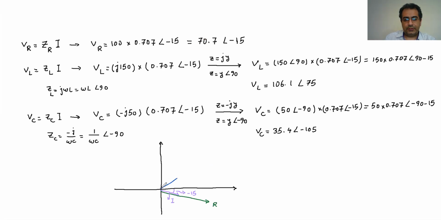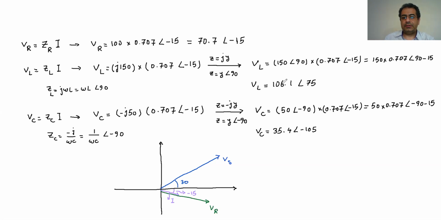So it's going to be the VS, 100 with an angle of 30. And then we have the VL and the VC.